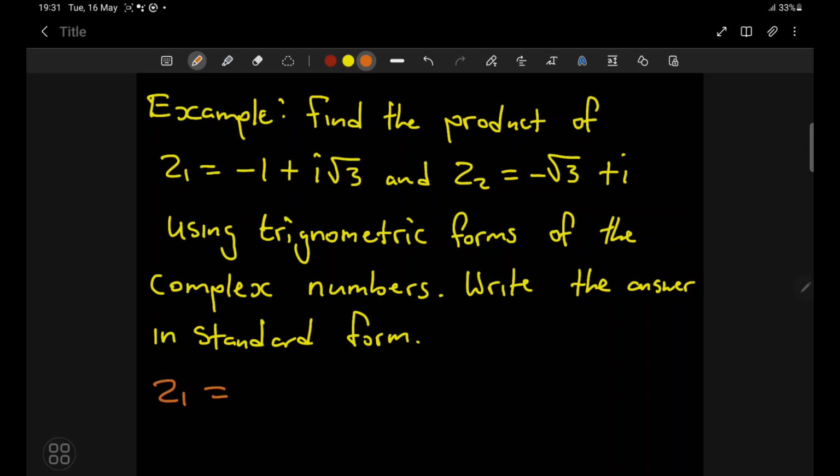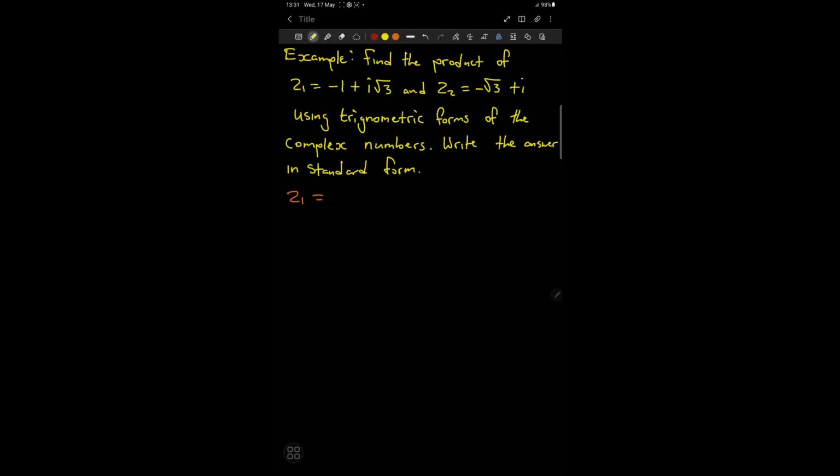will be equal to... if we look for our r, our r1 will be equal to the square root of the square of the real plus the square of the imaginary. So we have negative 1, we are squaring it, plus the square of the square root of 3.